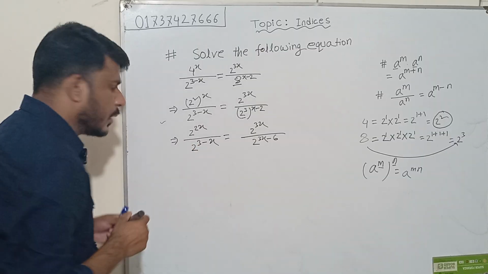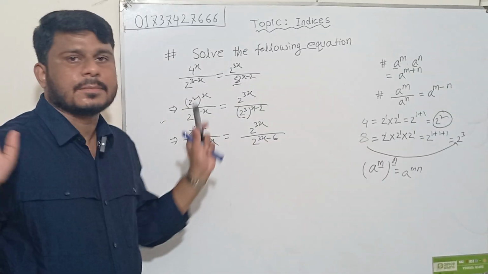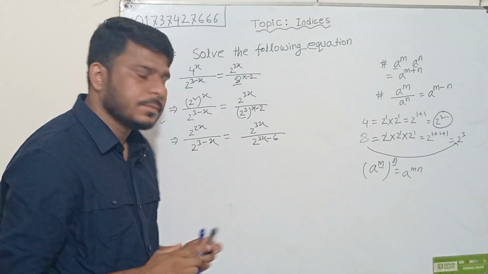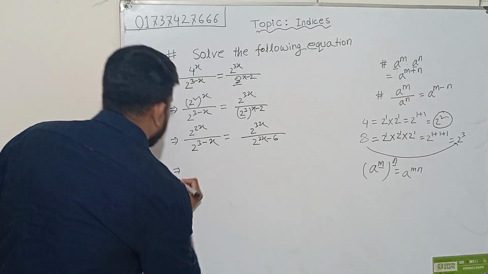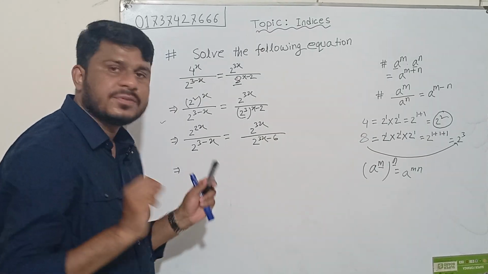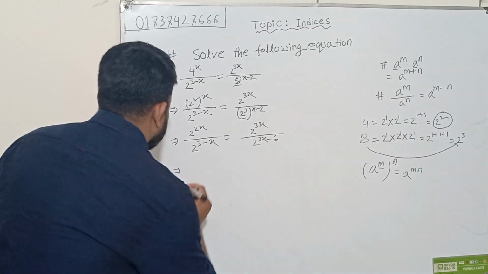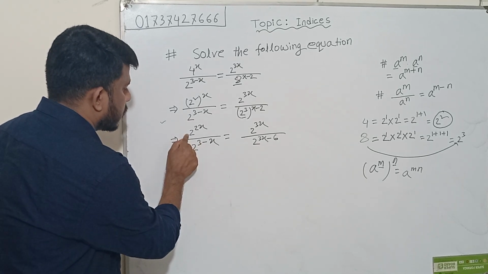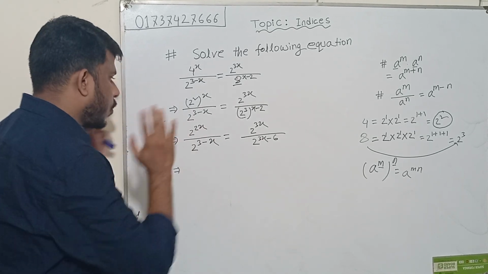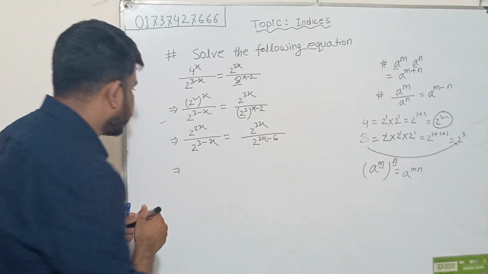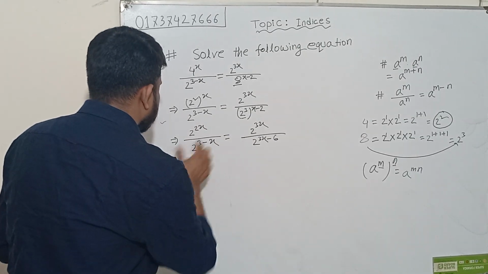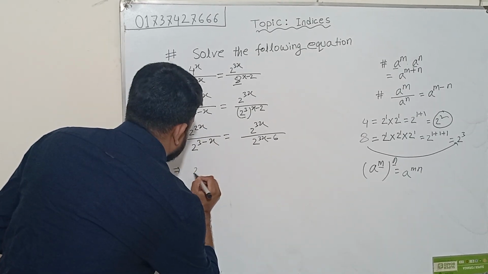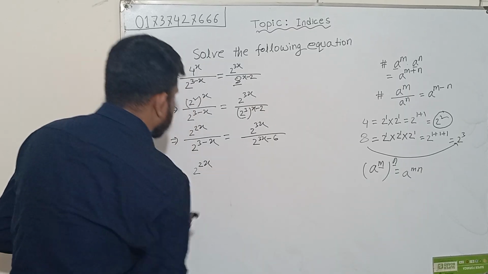Now as you can see all the bases are the same, so now we can easily solve it. Now we have to use the divide formula, right? This is base 2 with the power expression, and this is base 2 with the power expression, and all the bases are the same now. So we take this one first: 2 to the power 2x.